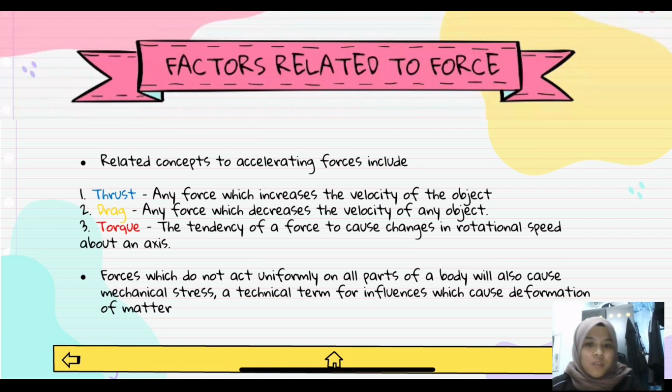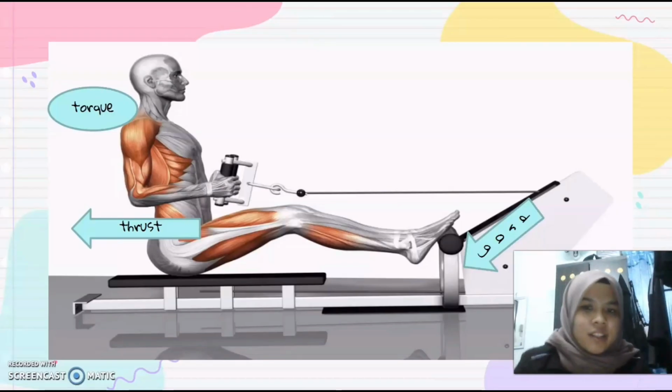Forces which do not act uniformly on all parts of a body will also cause mechanical stress, a technical term for influence which causes deformation of matter. Thrust is a movement where we pull the cable rope, drag is a velocity that is decreased by the cable, and torque is the movement change toward the deltoid muscle.